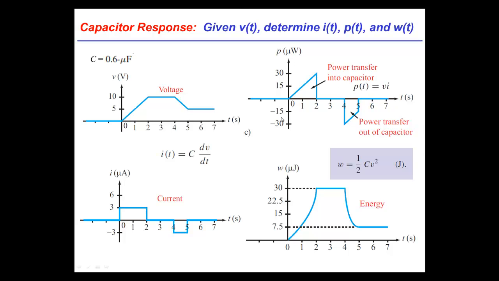Perfect. Okay, now we've got capacitance, we've got voltage, we've got current. You know that if we have voltage and current, we can figure out power. So now we can answer your question regarding charging the capacitor, because you know that the power delivered is the product of the voltage and the current. So we can essentially take these two plots and multiply them into each other, and we get a power plot.